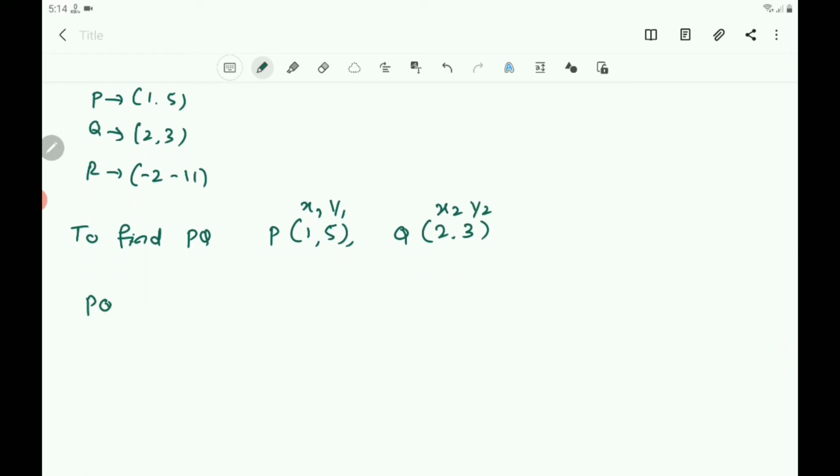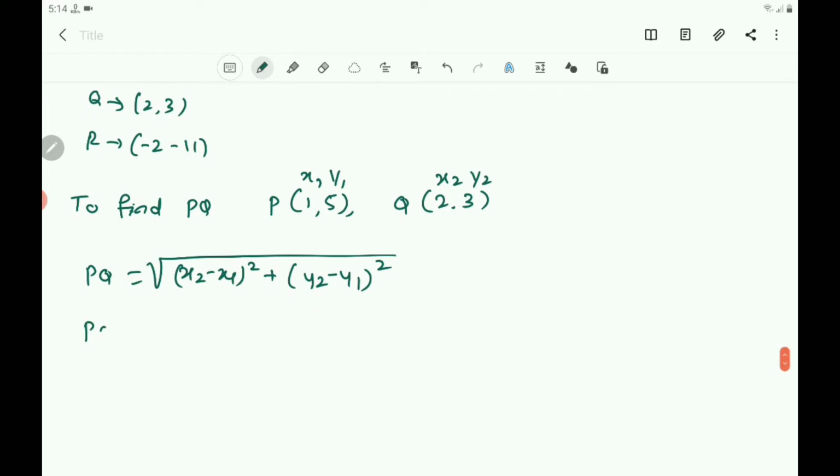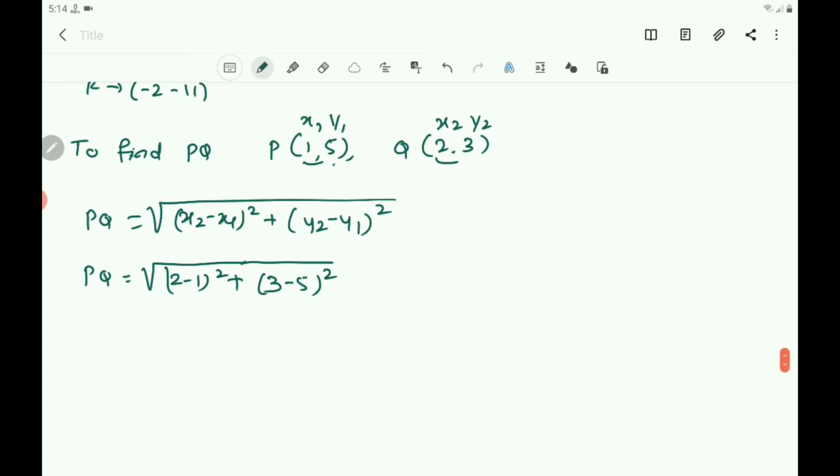Then write the distance formula: PQ equals square root of (x2 minus x1) whole square plus (y2 minus y1) whole square. Here x2 is 2 and x1 is 1, so it is 2 minus 1. Then y2 is 3 and y1 is 5, so it is 3 minus 5. So you put (2 minus 1) whole square plus (3 minus 5) whole square.